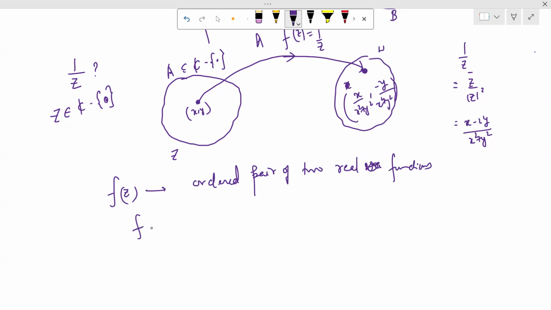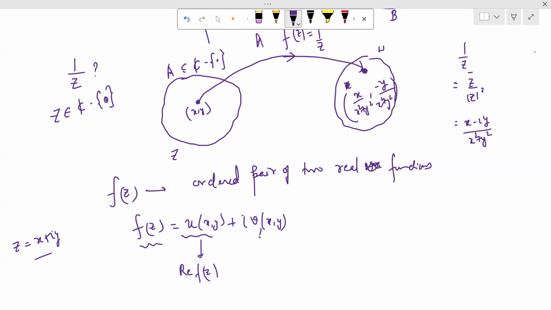So basically, what is f(z)? Let's say z is x plus iota y. We take the function of it, so we assign a rule, and it equals, let's say, u, some function of x,y, plus iota v, as a function of x,y. So basically, what is f(z)? This u is nothing but the real part of f(z), and v is nothing but the imaginary part of f(z).